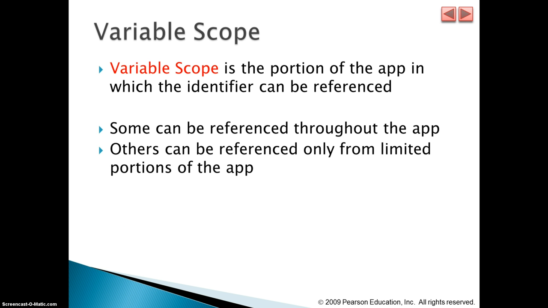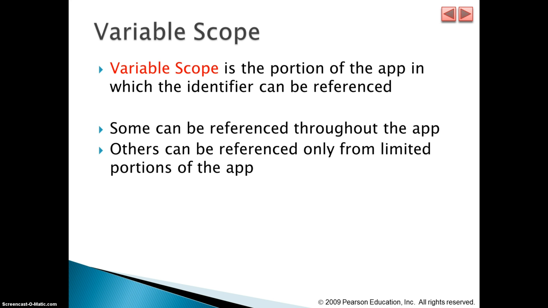So to begin with, variable scope is basically talking about the portion of code that a variable can be referenced from. So in general, there's two kinds, local versus global, and we'll learn the specific VB terminology for those two concepts.